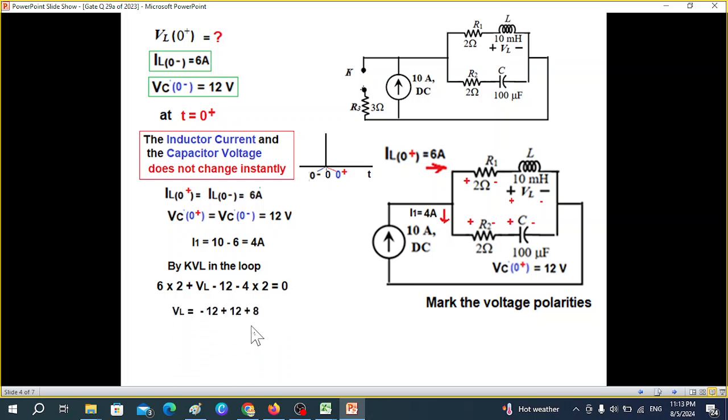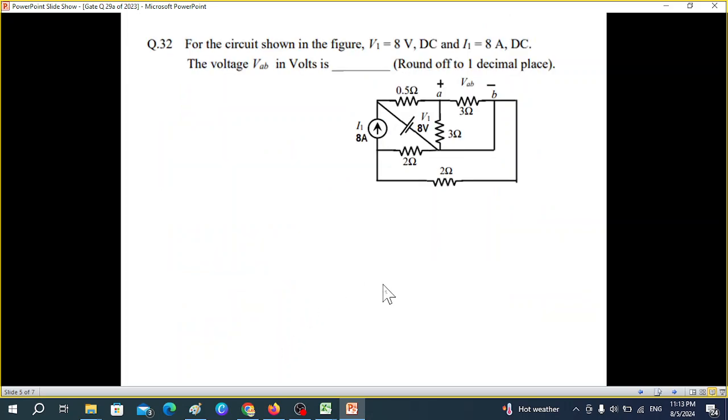And from here we can find VL to be 8, actually minus 12, then plus 12, and plus 8, which is equal to 8 volts. Now this is VL positive that we are looking for.